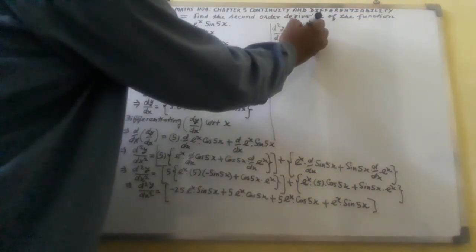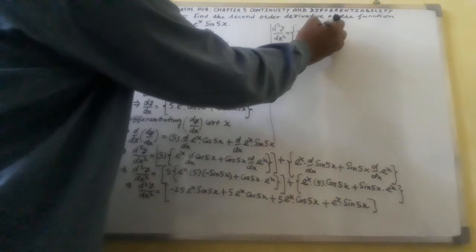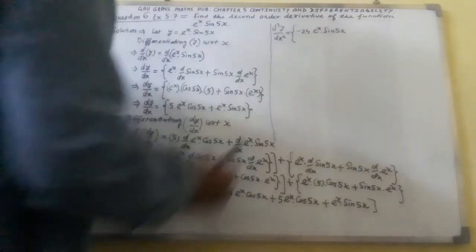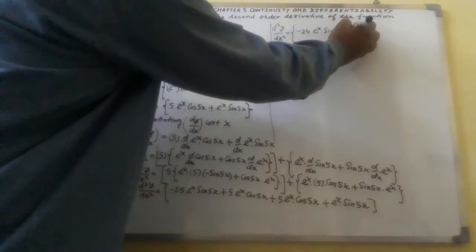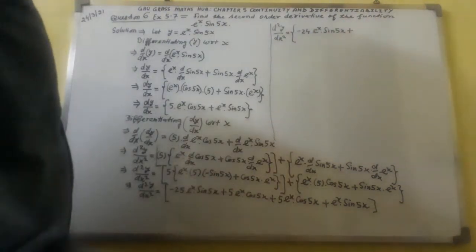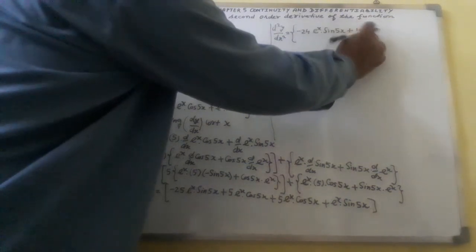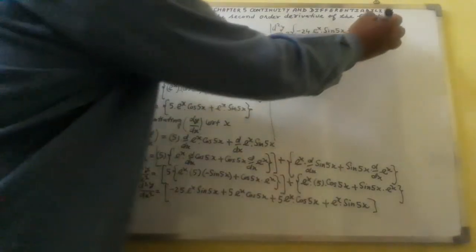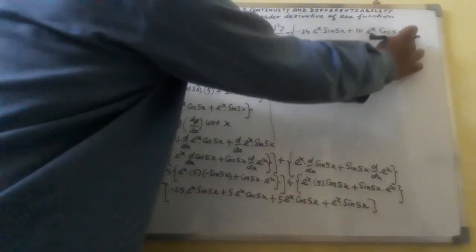open here curly bracket, minus 24 e raised to the power x dot sin 5x plus 5, 5, 10, I shall write 10 e raised to power x dot cos 5x, curly bracket close.